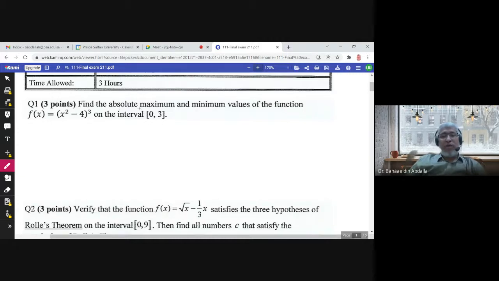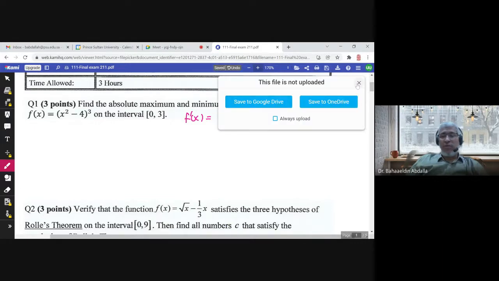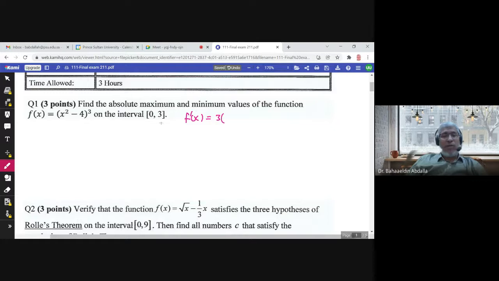If you remember, to find the absolute maximum and minimum on an interval, we need to find the local maximum and minimum. To find those, I find the derivative. The derivative of f, using the chain rule, is 3 times (x squared minus 4) to the power 2 times the derivative of x squared minus 4, which is 2x.